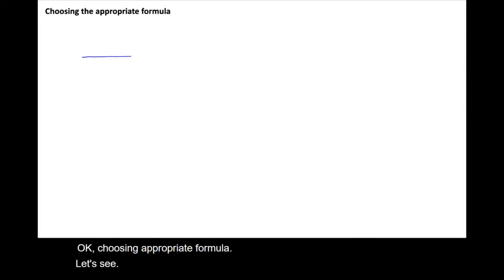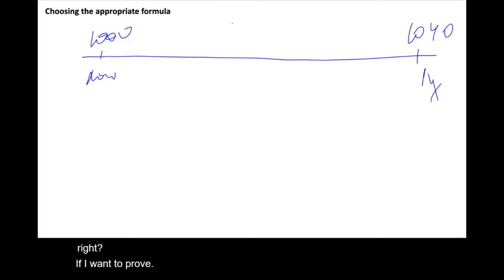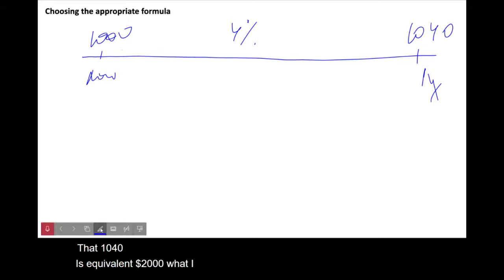Okay, choosing appropriate formula. Let's see. Let's display the last example. Now, $1,000, 1 year, right? If I want to prove that 1,040 is equivalent to $1,000, what am I supposed to do?